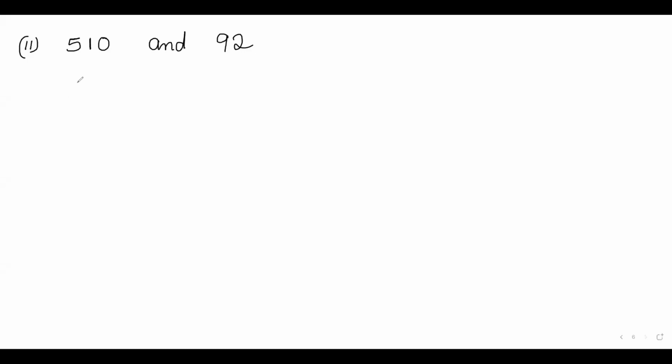Now let us find the prime factorization of the given numbers. I am going to start with 2. 2 2s are 4, 2 5s are 10.